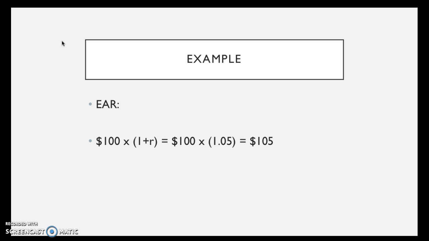So in this example, the effective annual rate of 5% is showing what a $100 investment would grow to. So you have your $100 investment along with your discount rate and the time value, with the EAR of 5%. So after 1 year, you would have grown that $100 investment to $105.